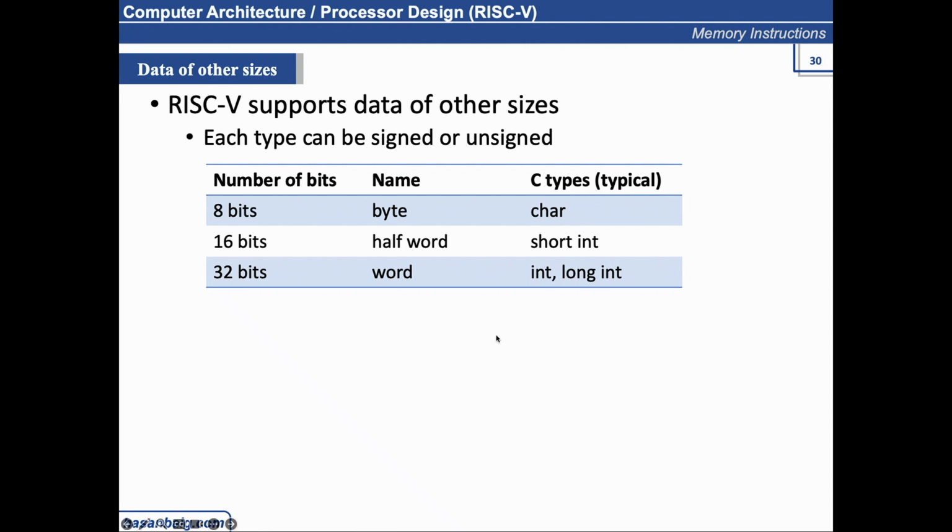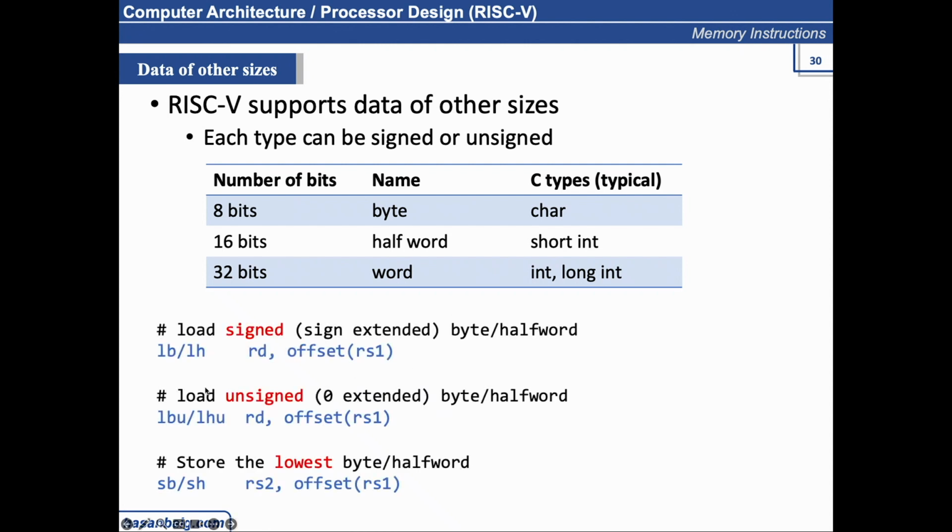Okay, so we have some instructions to load a byte or to load a half word. When we are loading a byte from a memory, we have two variants for loading a byte. We can load a signed byte with LB, and LBU corresponds to the unsigned data. What does that mean?